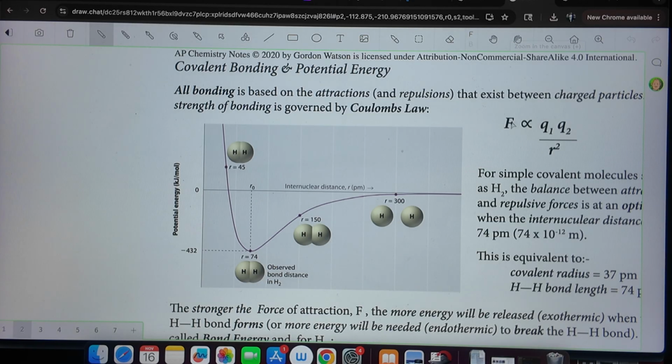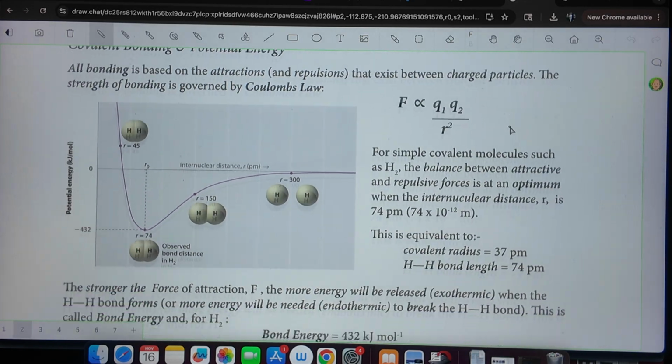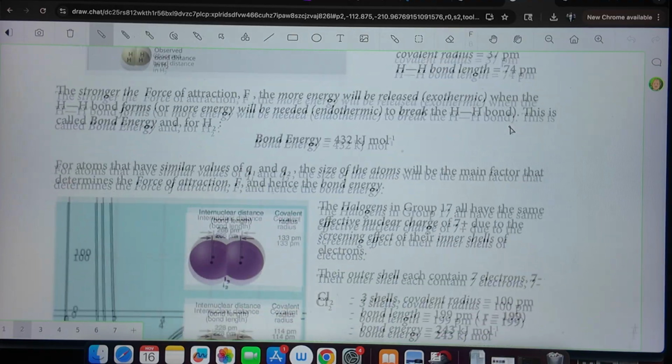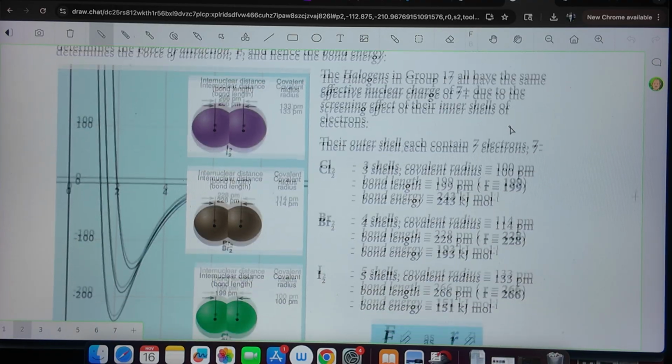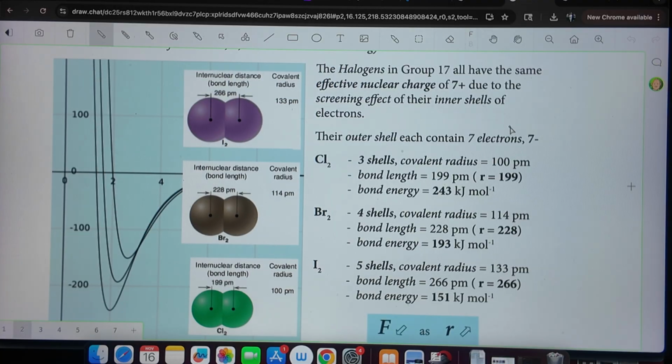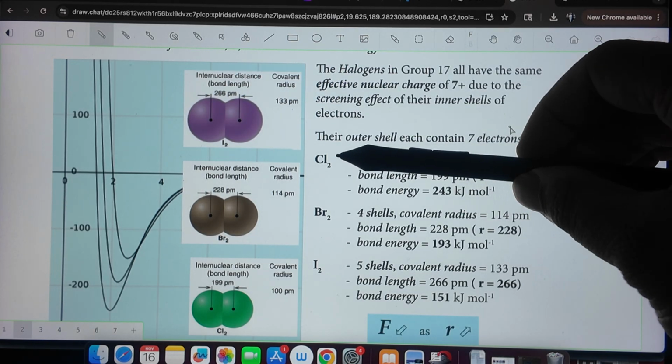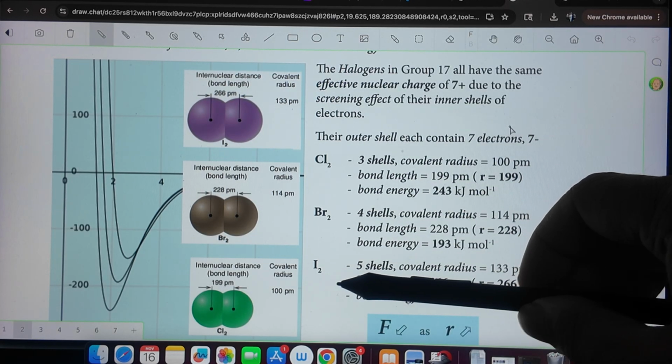Here, 1 second. Here we go. So another thing that we notice is, for example, halogens, they all have the same effective nuclear charge of 7+ due to their valence electron shell. And so we see here Cl2, Br2, and I2.